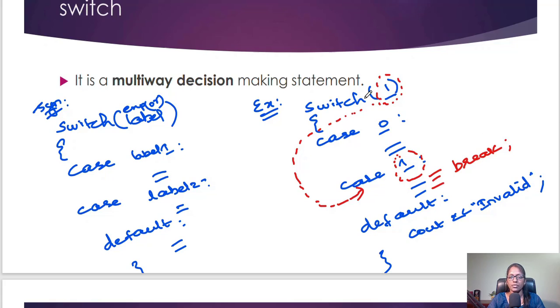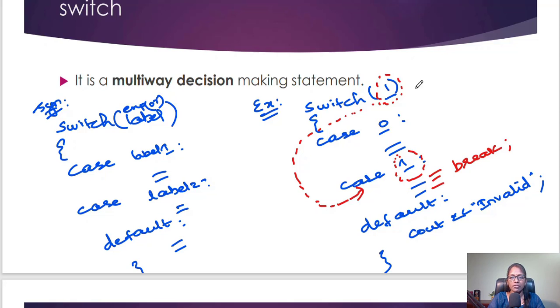Understood? The expression value which is matched with the case label, control will be transferred to that particular case, and the sequence of statements in that block will be executed. After finishing that, if there is a break statement, it will come out of the switch.